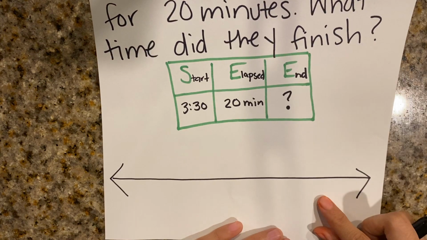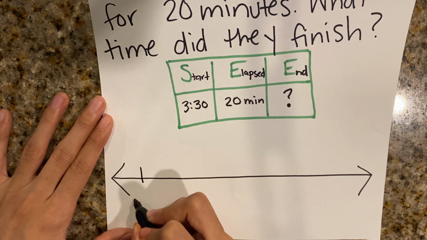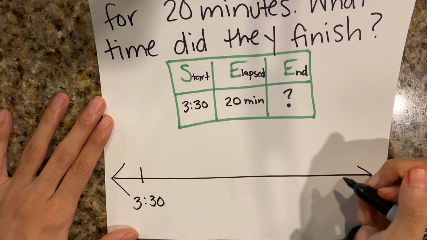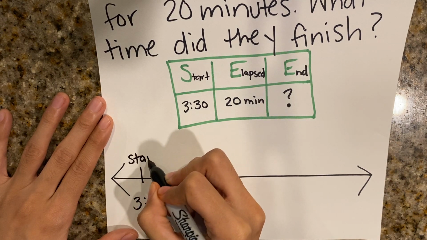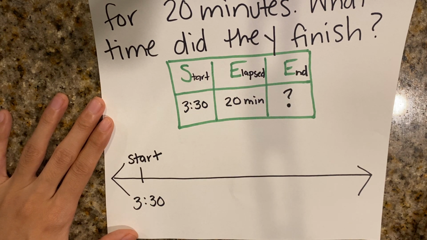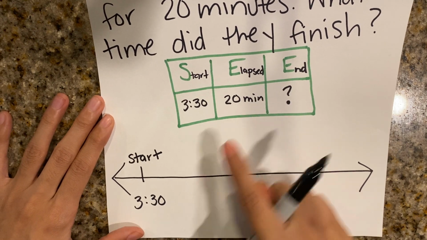So we always draw our number line. We know we are starting at 3:30, but we don't know what time we're going to end. And like I said before, always label. So we start at 3:30. We have to add 20 minutes.